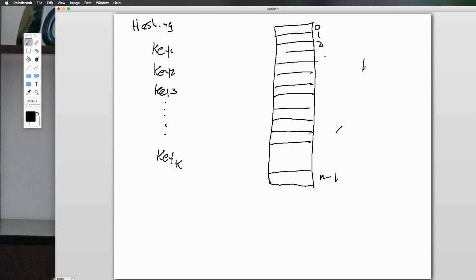And we certainly want to have the case that k is a lot less than n. The idea here being that if this thing is big, there's going to be less likelihood of a collision.